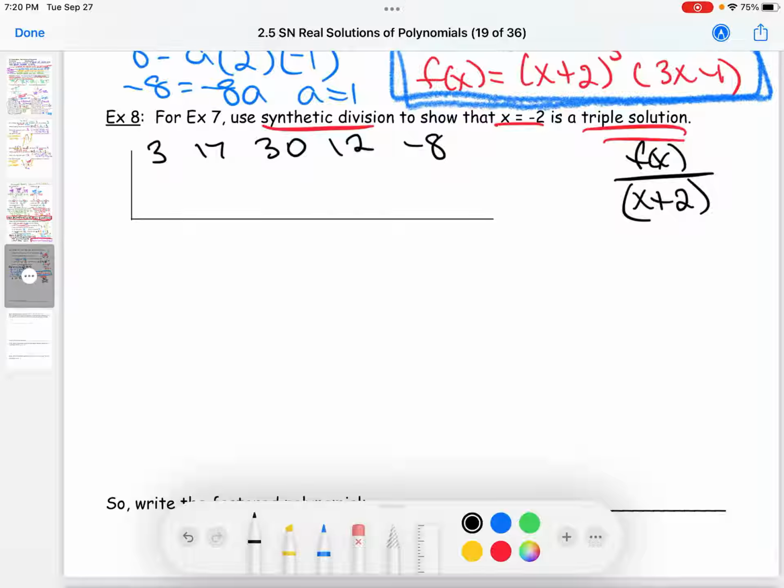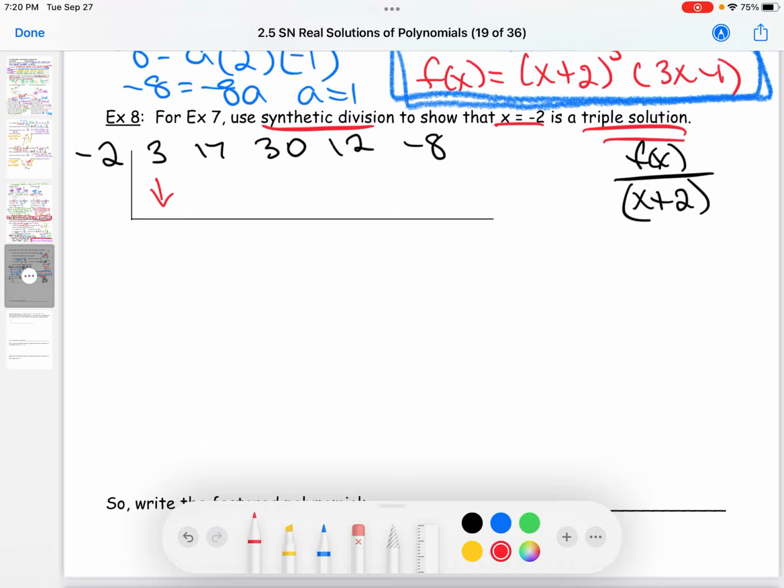Now, be really careful. X equals -2 is the solution. X plus 2 was the factor. So we're dividing by x plus 2. We change that sign to the -2. Whatever you're dividing by, you have to change the sign. Same as we've always done with synthetic division.